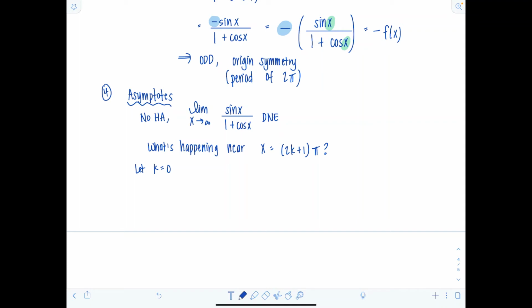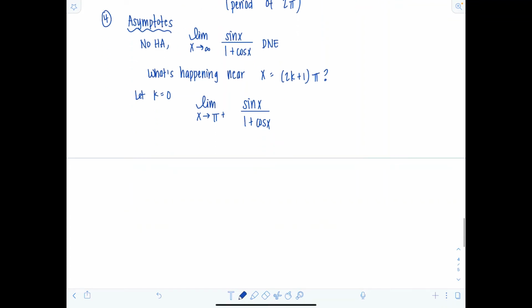So we're going to look at each side. That means I'm going to look at the limit as x approaches pi from the right of sine of x over 1 plus cosine of x. And then I'm also going to look at the limit as x approaches pi from the left of sine of x over 1 plus cosine of x.